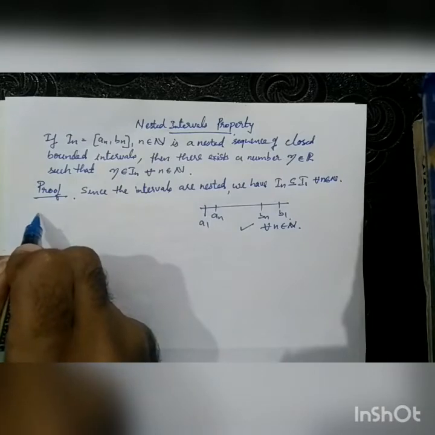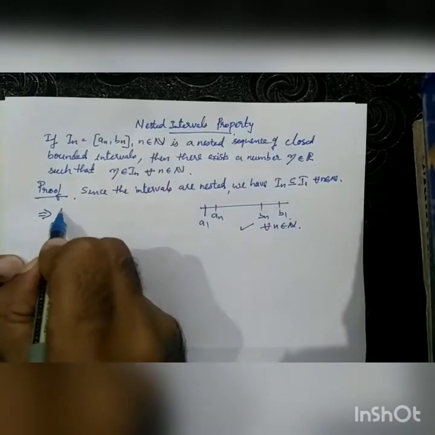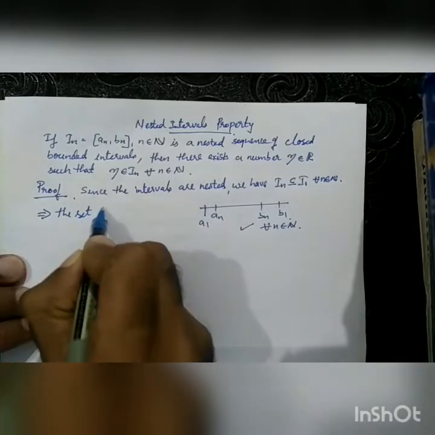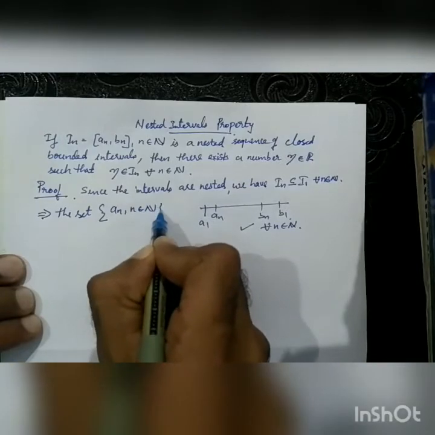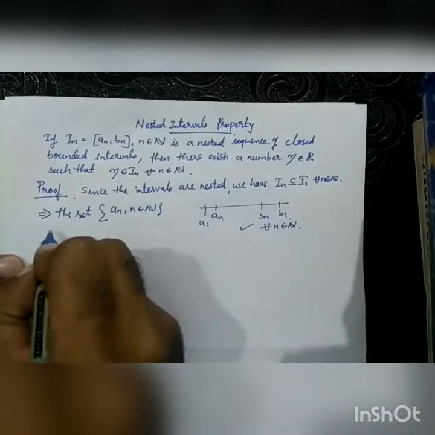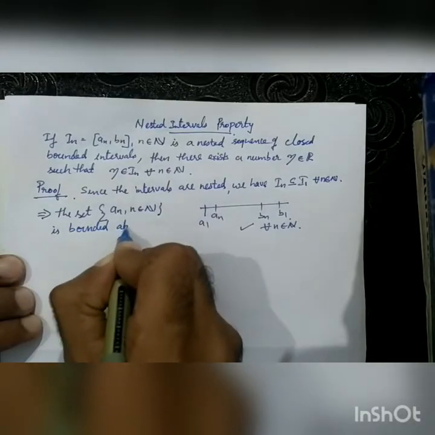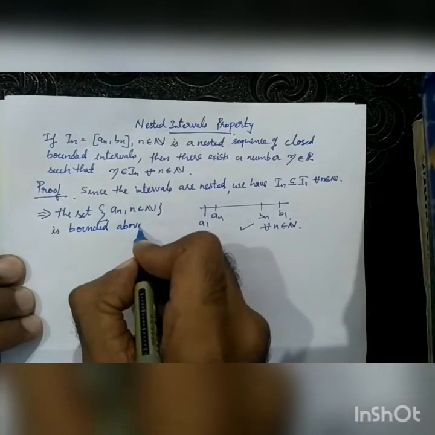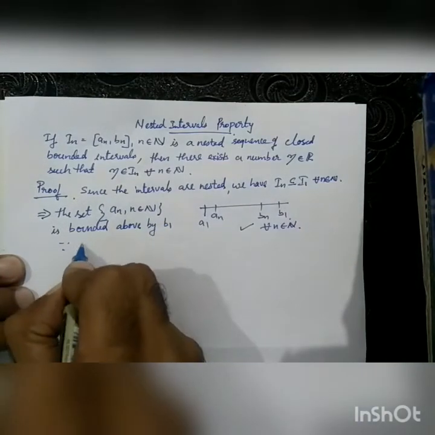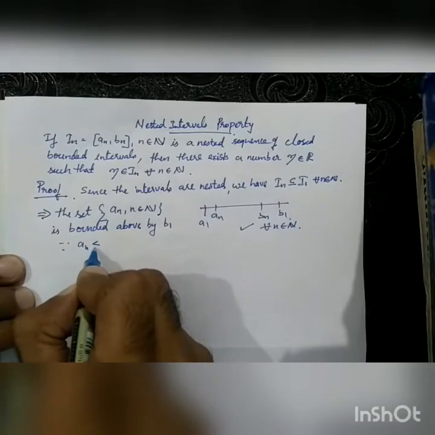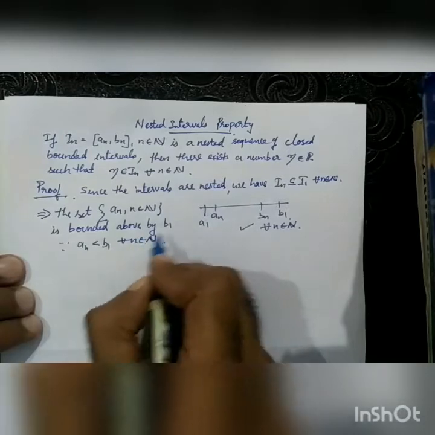So this implies the set {an : n belongs to N} is bounded above. This set is bounded above by b1, since an is less than b1 for every n belonging to N.